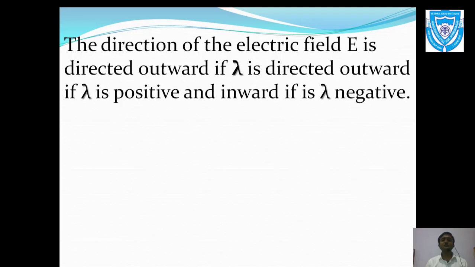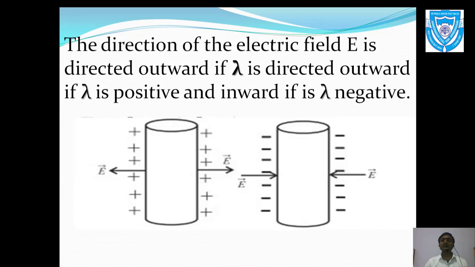The direction of the electric field E is directed outward if lambda is positive, and inward if it is negative. By this we can say that if we have a positively charged infinitely long wire in the shape of a cylinder, then the electric field is radially outward.